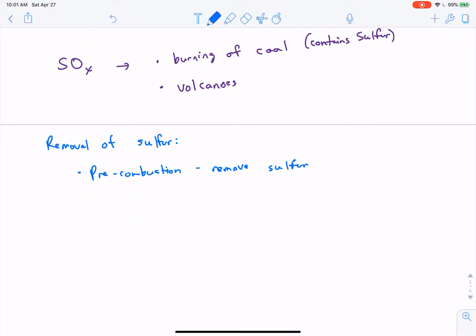The post-combustion one is the one that's more used, which is the scrubbers.